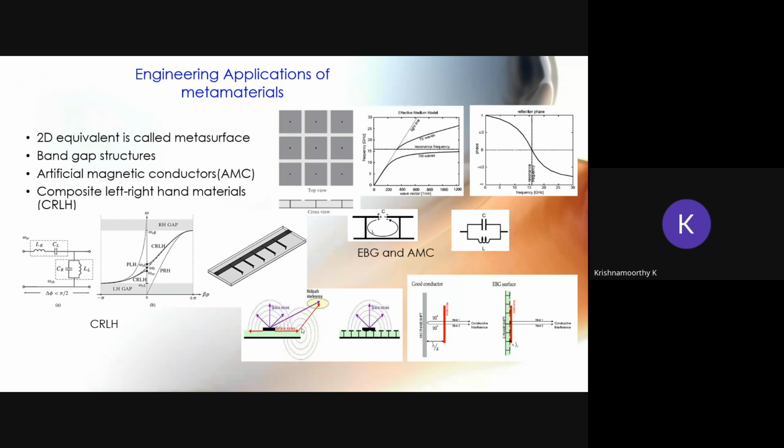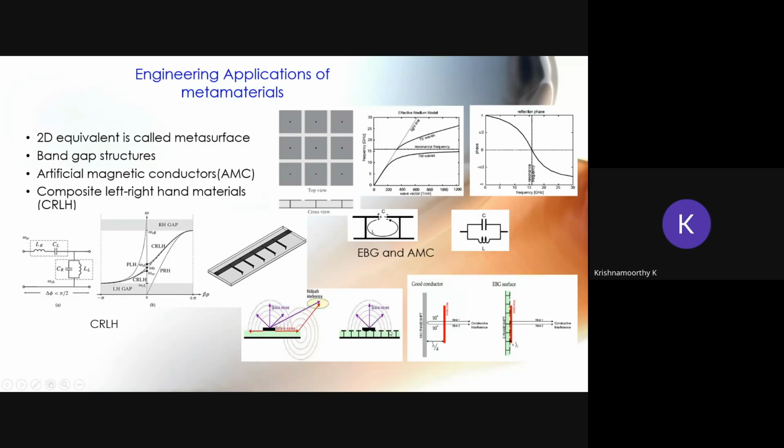If we want to minimize the side lobes, we can use the electromagnetic band gap structure around the microstrip patch antenna in the substrate. Then the electromagnetic band gap structure gives the band gap effect at the resonance frequency of the microstrip patch antenna.